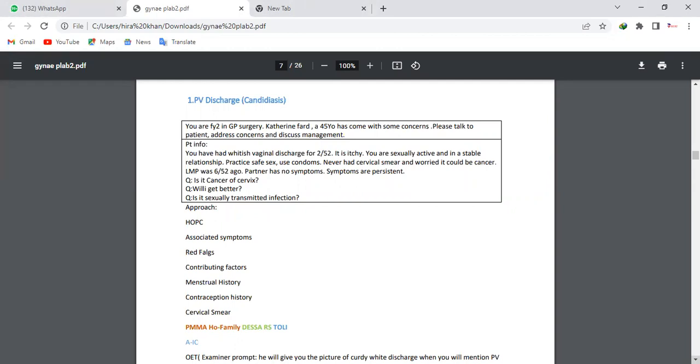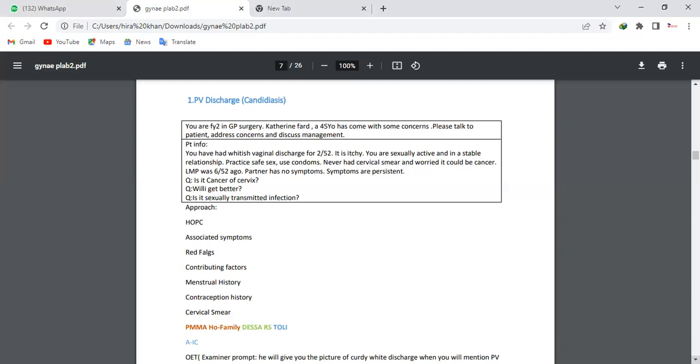2 weeks. And how did it start? Was it sudden or did it start slowly? Like in the beginning, it was not much, but with the passage of time, I think it is getting worse. Like I'm having discharge more often now. All right. And has it been continuous or does it come and go? Well, it is continuous, like it's always there. All right.